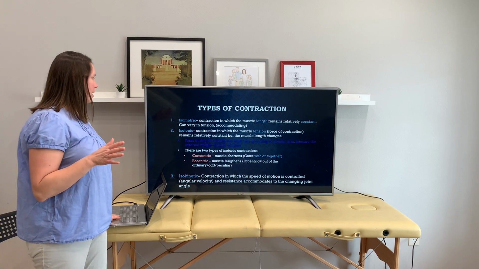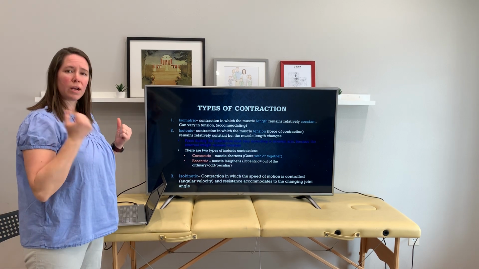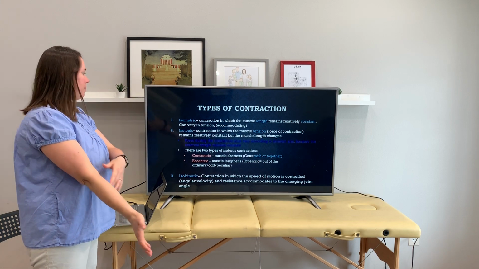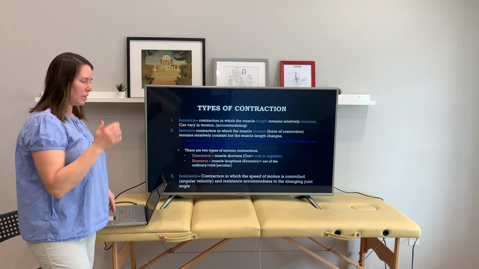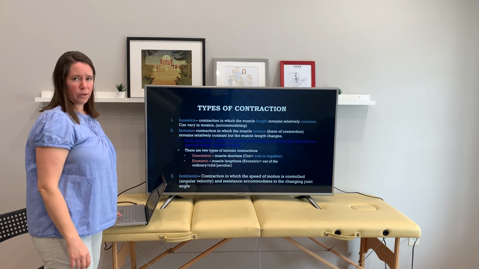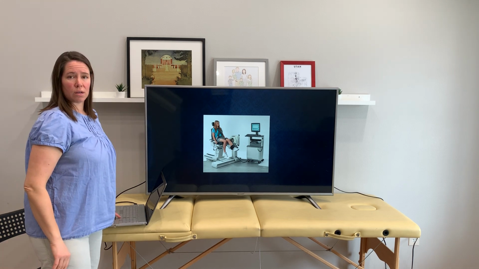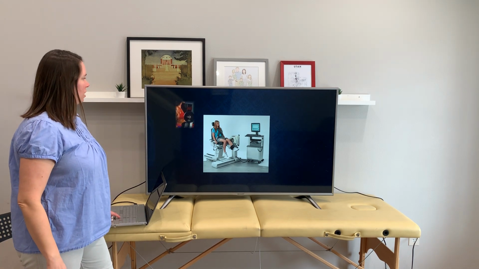Isometric contractions, staying at the same length. Isotonic can either be shortening or lengthening as tension is developed in the muscle. And isokinetic is where the speed stays constant, and you kind of need a machine to do it. It's not really something that happens naturally.